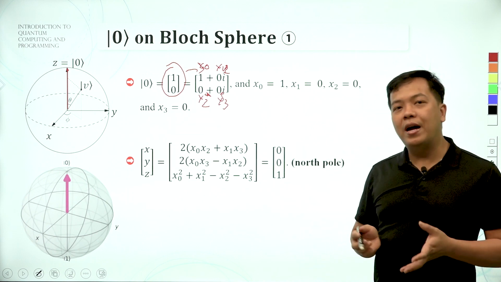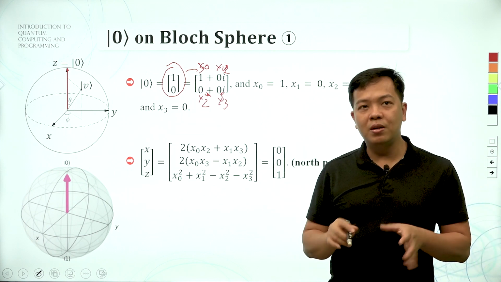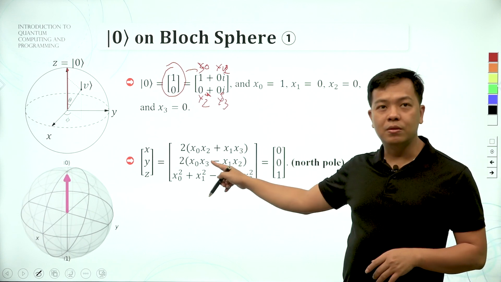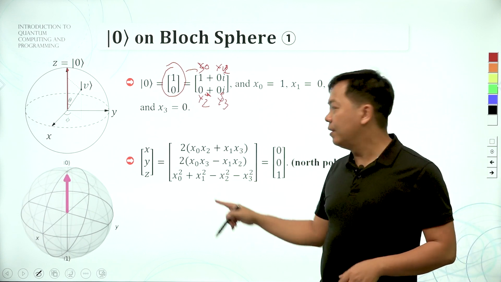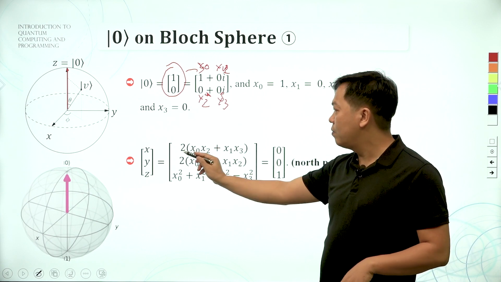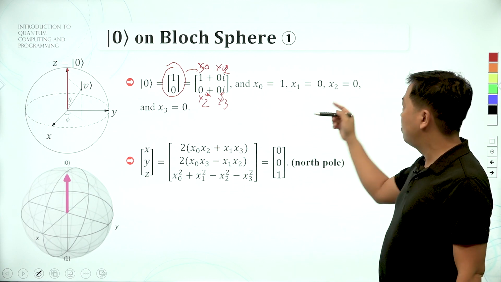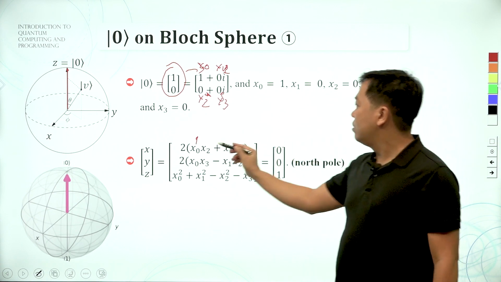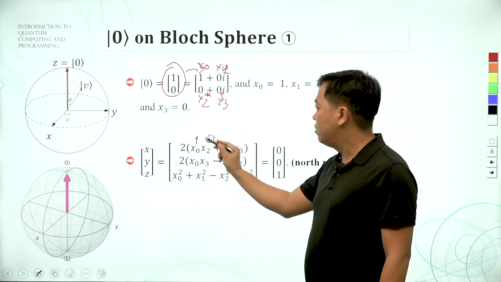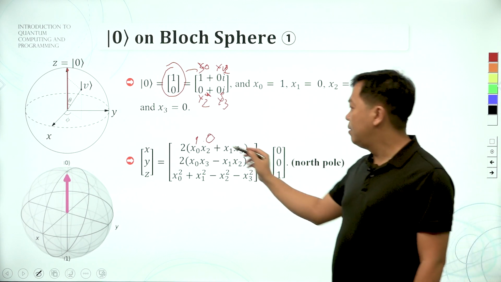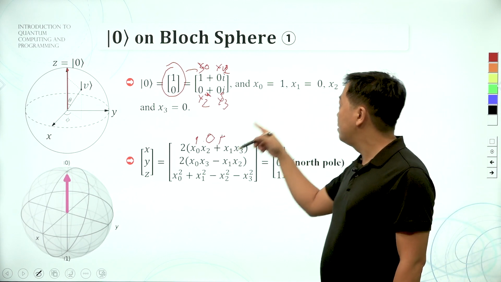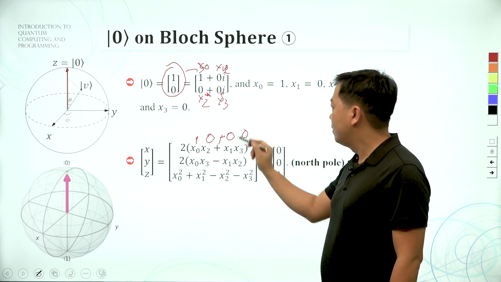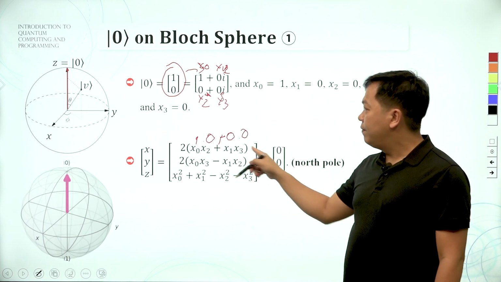After we have these four values, you can check using the Hopf map and multiply. You replace x0 with 1, and x2 is multiplied by 0 over here. Similarly, you multiply x0 by 0, so this value is 0.